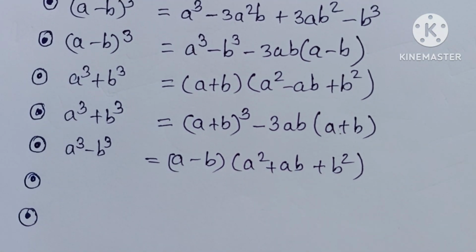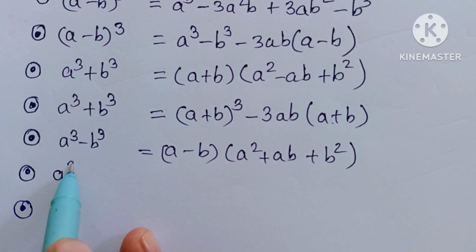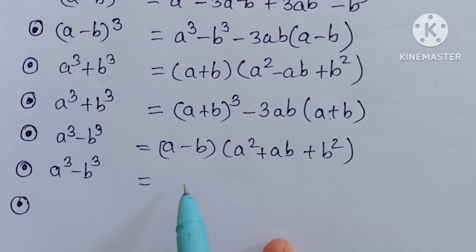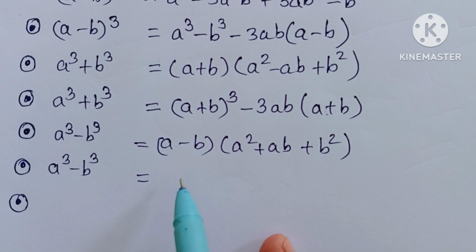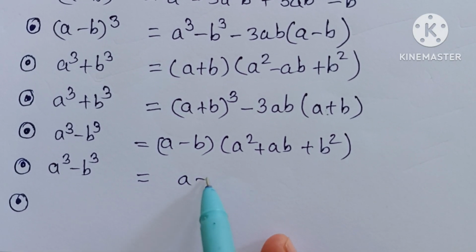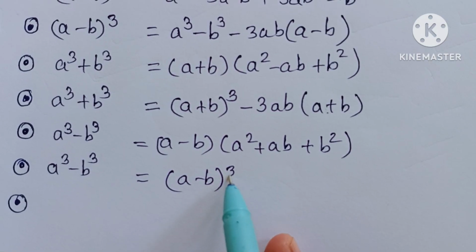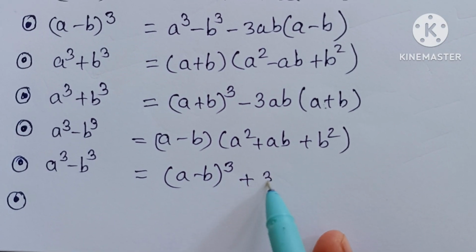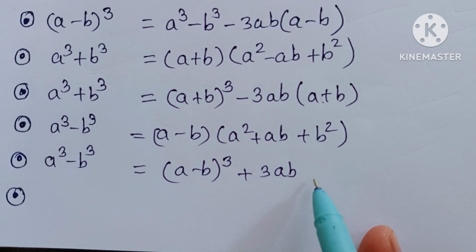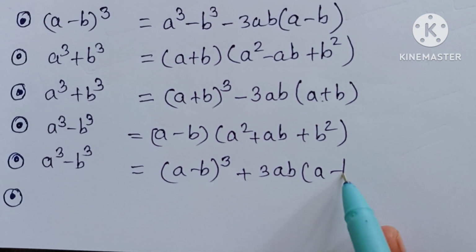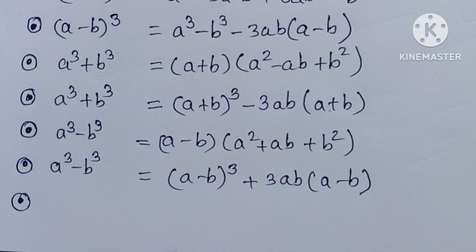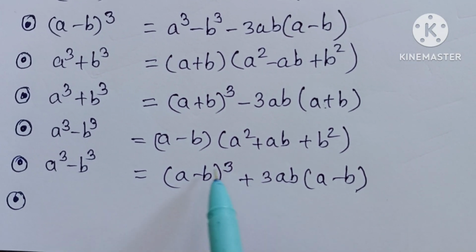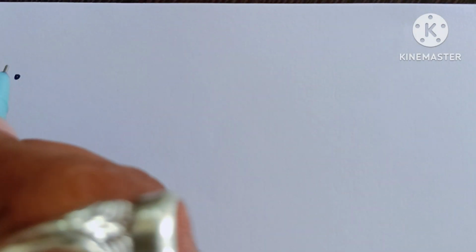Then a cube minus b cube equals (a minus b) whole cube plus 3ab in bracket (a minus b). In this way, we get these algebraic identities and this is the expansion of them.